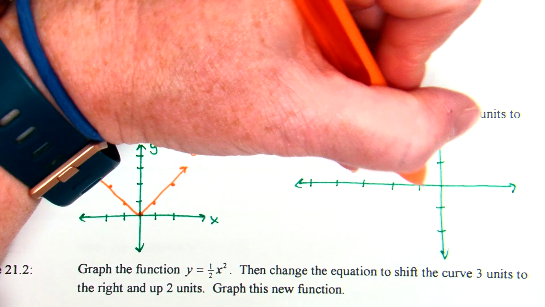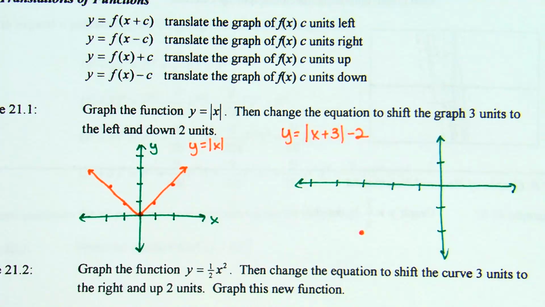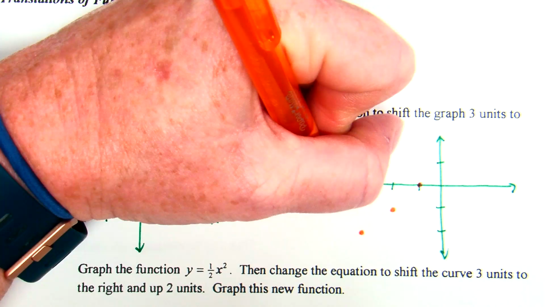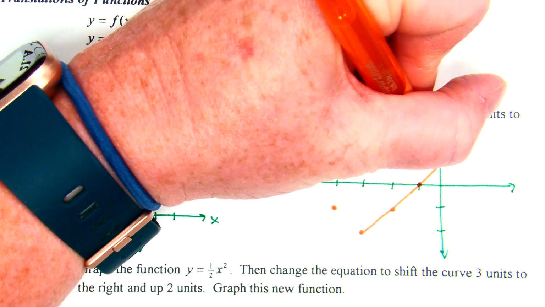So if I go left 3, down 2, that puts my vertex here at negative 3, negative 2. And then from there, I can go up 1 over 1. Your graph should end up cutting through the x-axis at negative 1 and negative 5, I believe. Technically, if it cuts through the x-axis at negative 1, it cuts through my y-axis at positive 1.